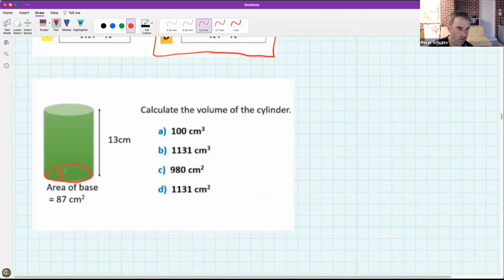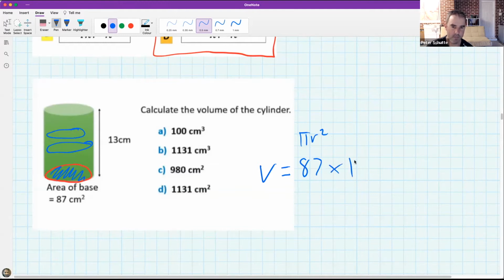So you know that this is 87. But then to get the volume, it's almost like all these circles have to be packed on top of each other. So we get 87 is the pi r squared part. That's the area. Times the height, which is the 13.